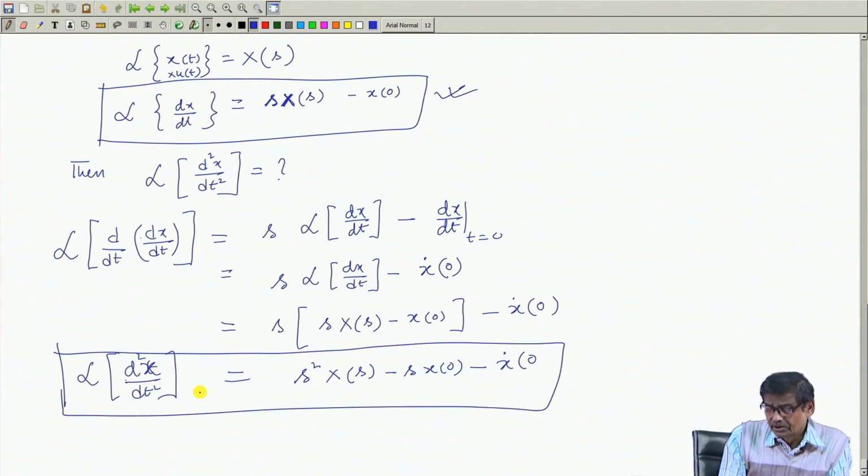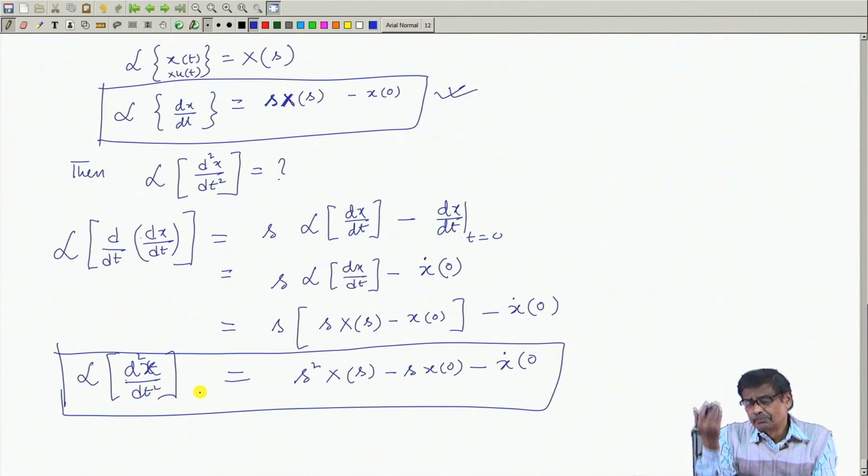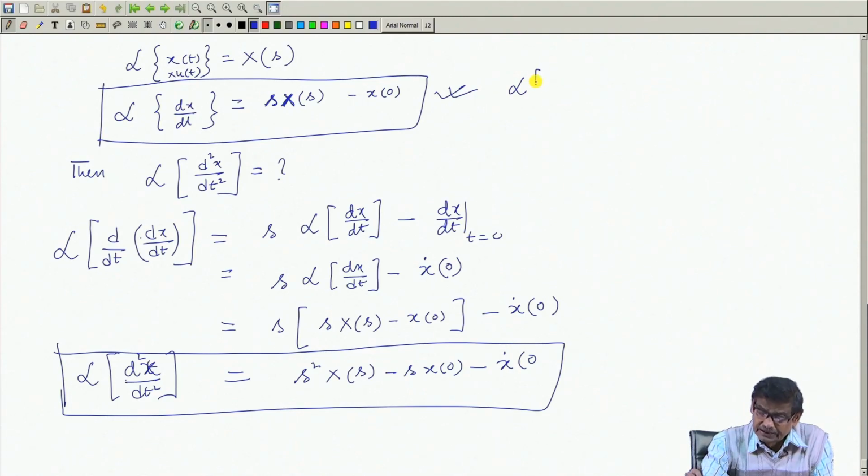So one can go on extending this to find the Laplace transform of differentials of any order. For example, I will not derive it, but I can just write down d3x/dt3. Can you write it down? Yes, I can.